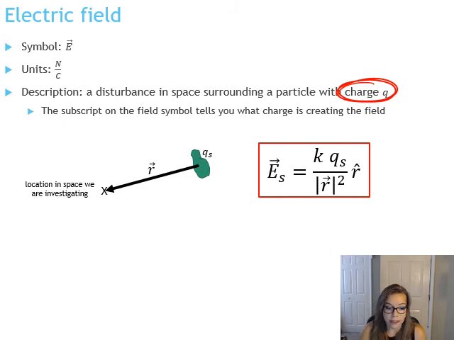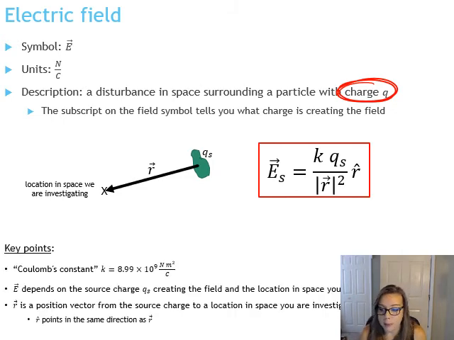A few things have changed. That constant that used to be capital G is now lowercase k, called Coulomb's constant. It's just a number, a positive scalar. Q sub s is the electric charge of the charge that's creating the field. The norm of r is still just describing the distance you are from that particular charge.